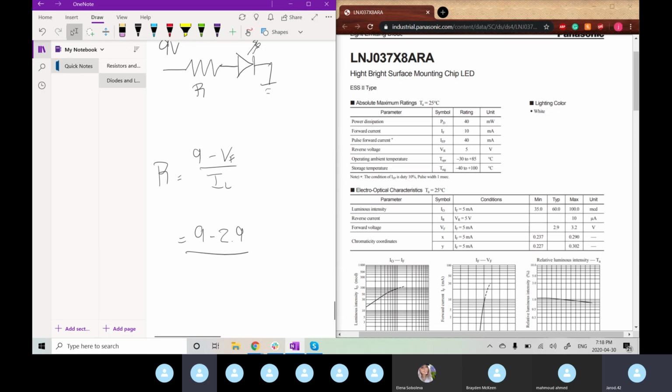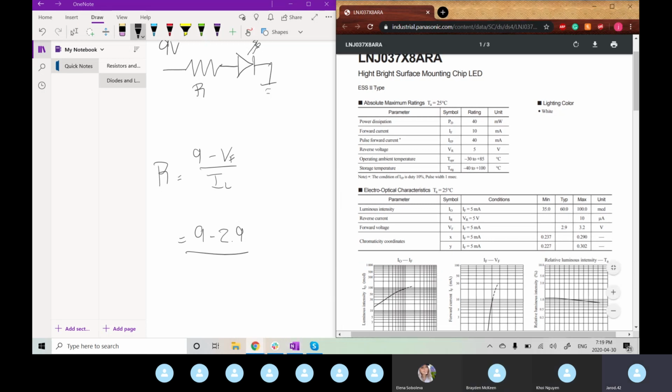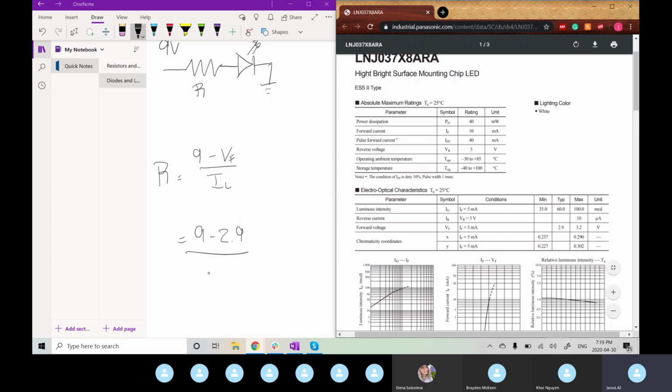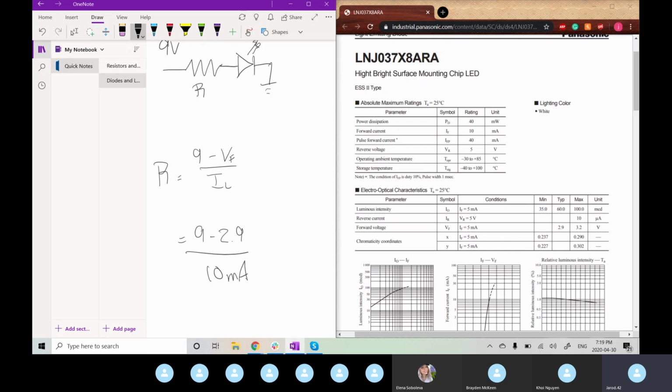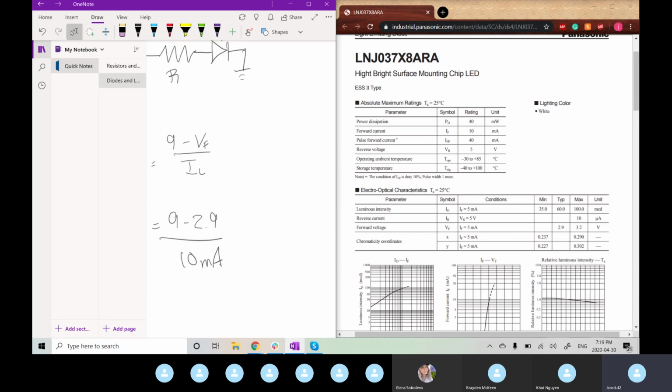And our current limit? 10 milliamps. Everybody properly see that? 2.9 and 10 milliamp is what we're supposed to be using in this case.